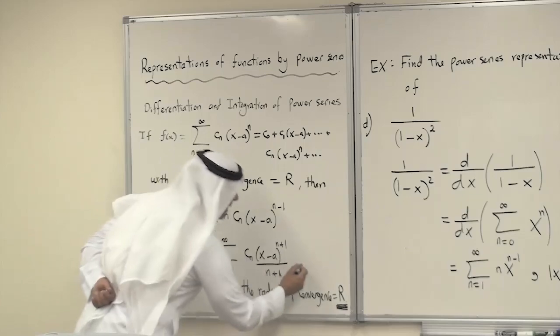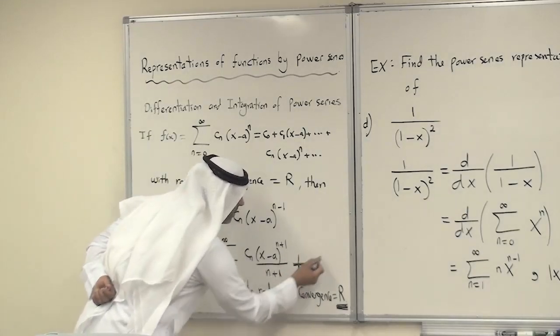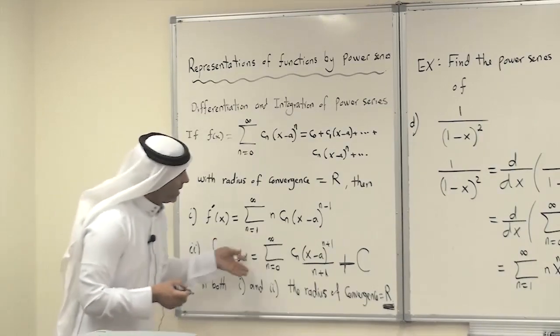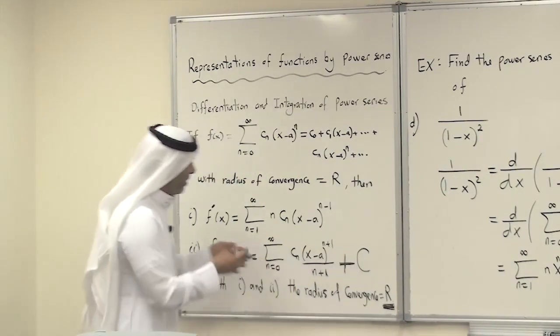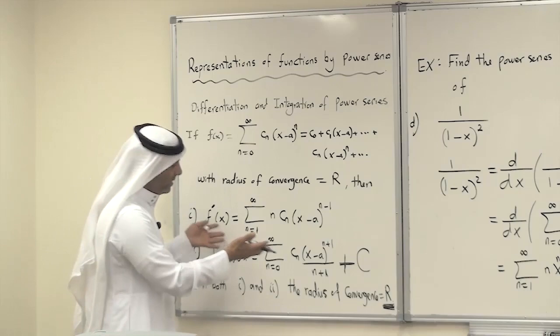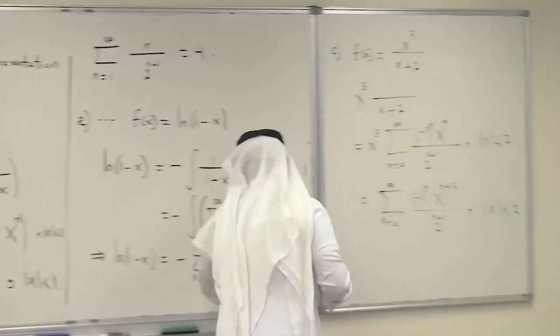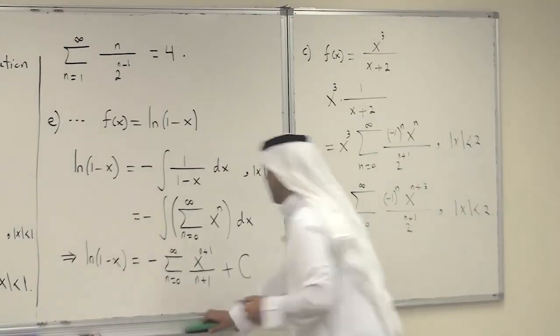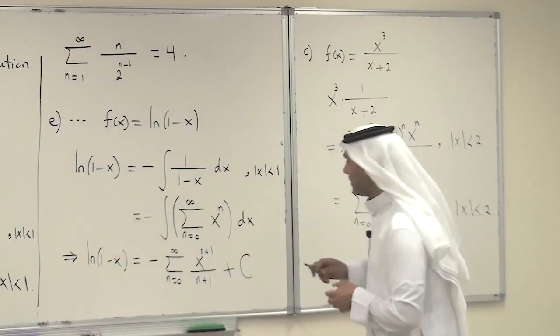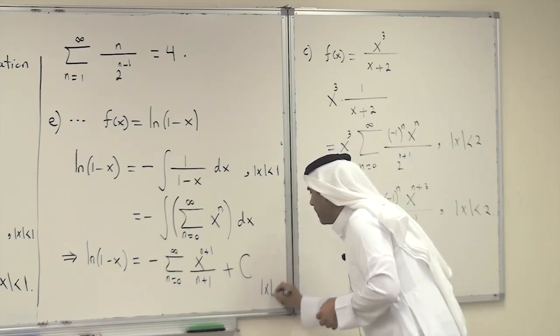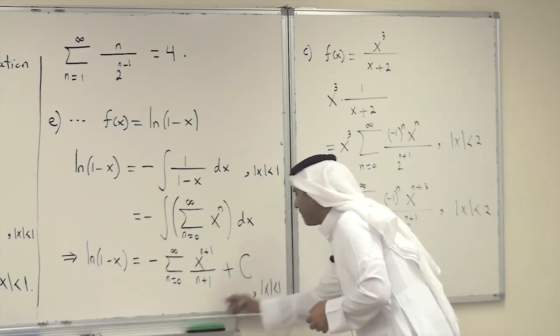When you integrate, you need a constant of integration because you are looking for the most general antiderivative of the function. Always, don't forget the constant here. And by that theorem, the radius of convergence here is equal to 1. So I need the absolute value of x less than 1.